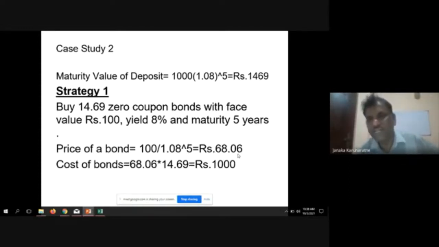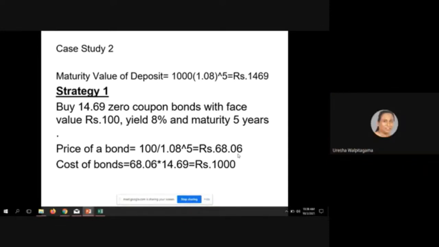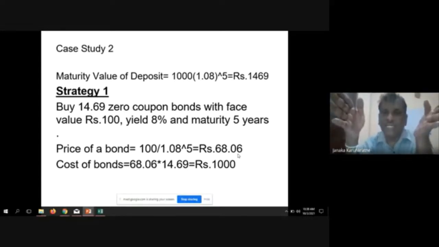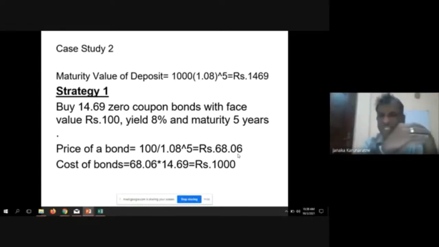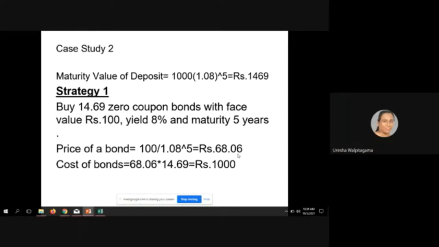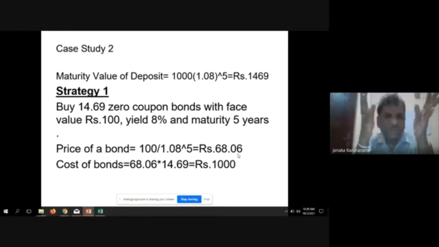Are you satisfied? If it's the only option, we have to take it. That's why I told you, in practice, the problem is that in the market you don't get the perfect scenarios.